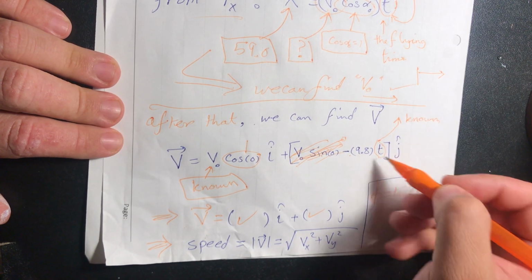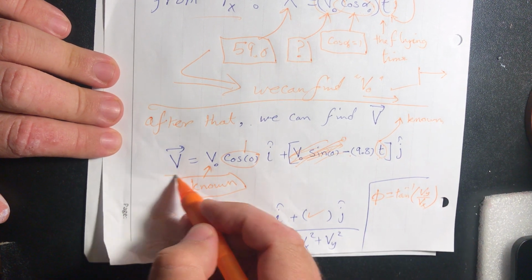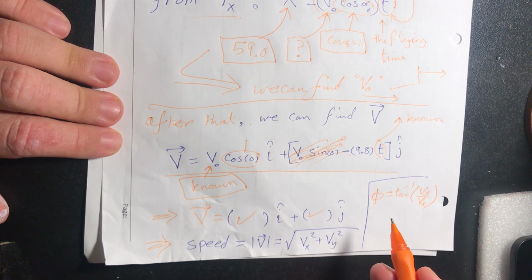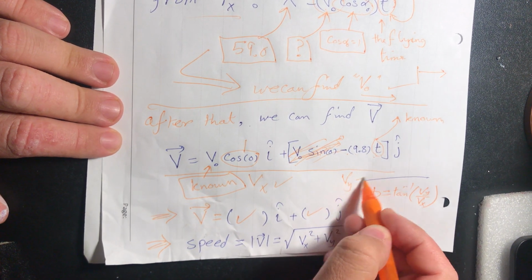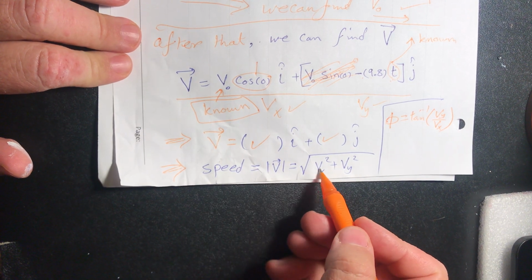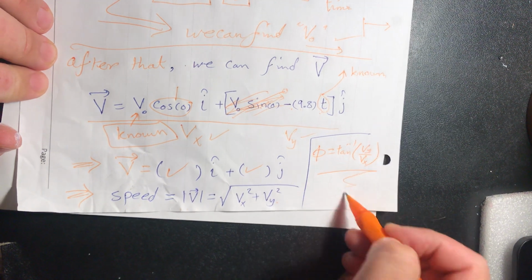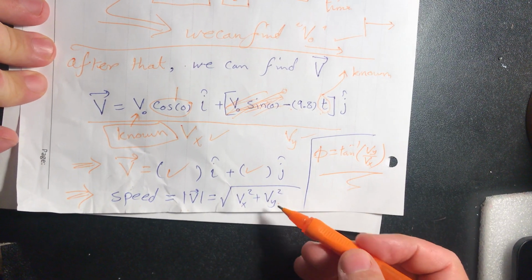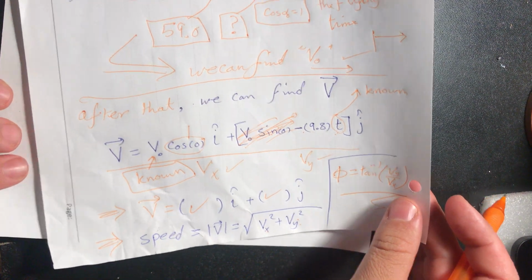Then v naught is known, t is known, so the whole velocity vector will be known. We have vx known, vy known. Then we can find the speed, which is the square root of vx squared plus vy squared, and phi is the tan inverse of the y component over the x component. This is the second question.